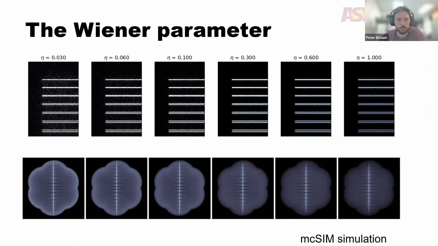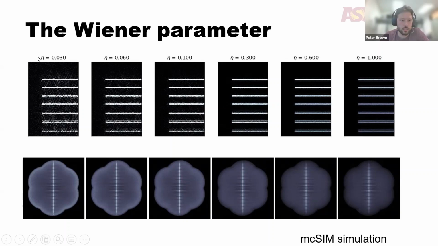And these can also be very useful. But one useful way to estimate the Wiener parameter phenomenologically is either to have some estimate of your signal to noise ratio or to vary the Wiener parameter and look at the quality of your reconstruction versus that parameter.